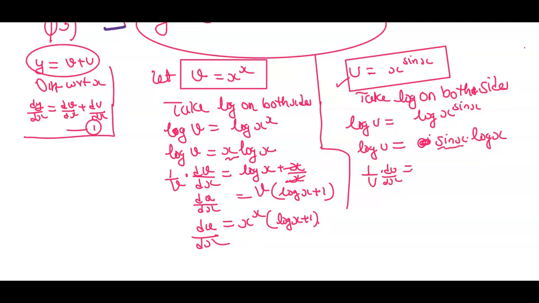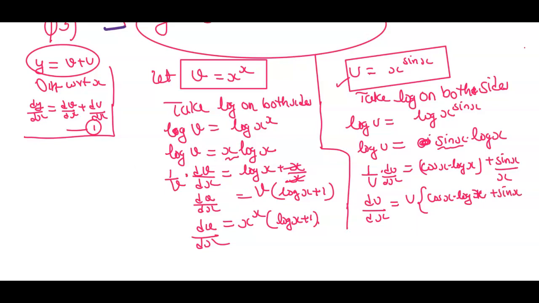Product rule: derivative of sin x is cos x, and I have log x as such, and then I have sin x, and derivative of log x is 1 by x. It is du by dx equals u times cos x into log x plus sin x upon x.